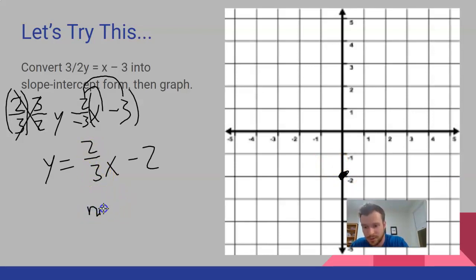M is 2/3. So I'm going to start at that first point I plotted, and go up 2 units because I'm rising 2 and running to the right 3. 1, 2, 3. They were both positive, the 2 and the 3, so it went up 2 and right 3. And there's the second point, and then we can just draw a line through those points.